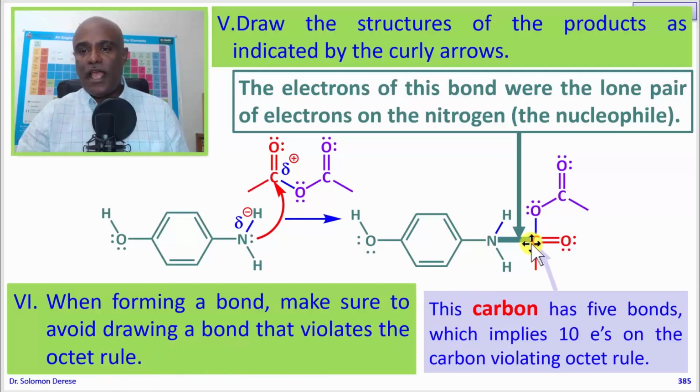Since this has violated the octet rule, we must do something about it, and that's what we are going to see next. What we need to do to avoid breaking the octet rule as a bond is formed between the nucleophile and the electrophile.